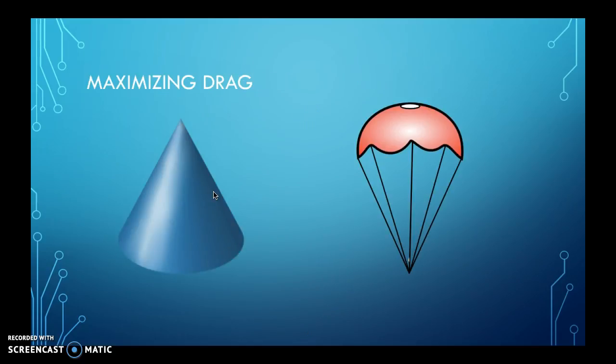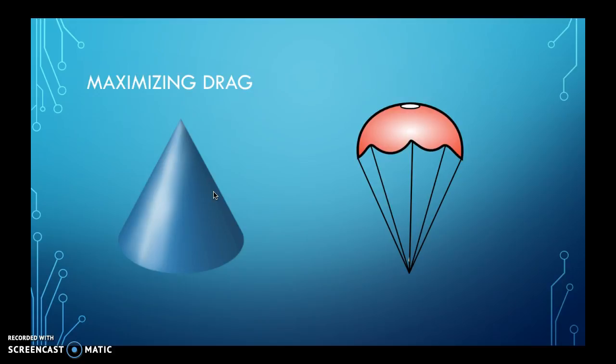So maximizing drag. We talked about in the body unit that in order to minimize drag, you need to decrease the surface area. And this time, we will be trying to maximize the surface area. A parachute is a large cloth circle that is trying to maximize the surface area in contact with the air around it.